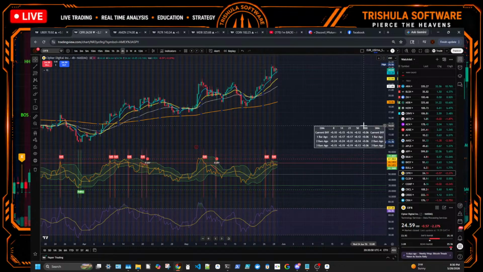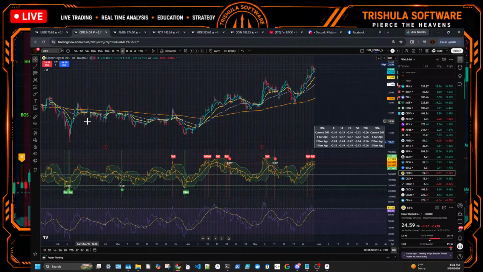And again, remember that 50 and 200 EMA or SMA combo, whichever type of moving average you use, that's your golden and death cross. So whenever your 50 EMA here in white crosses upward over this 200 moving average in orange, that's your golden cross.